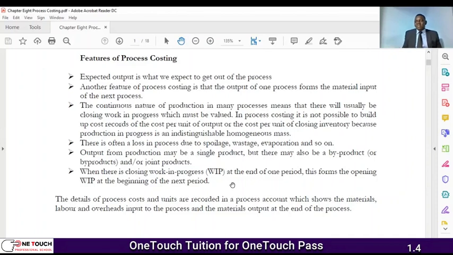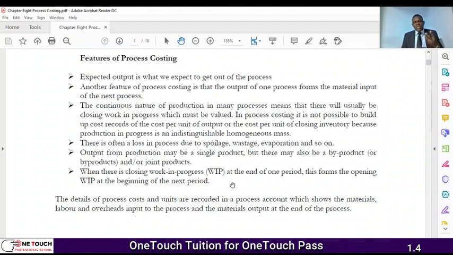Some may come up as substandard, and therefore we cannot sell them at the same price that we sell the standard product. So those substandard products could be a byproduct of the process. We don't get it in whole, and therefore we cannot sell it at the price at which we sell the actual standard product. Okay, good. So those fall out in the process, either as a byproduct or as joint products.